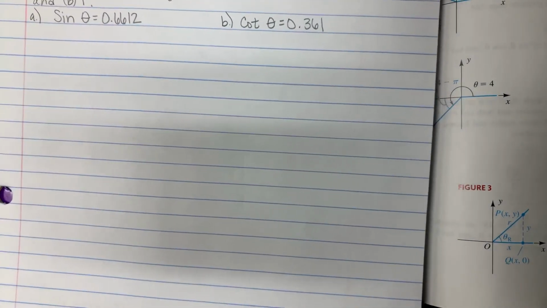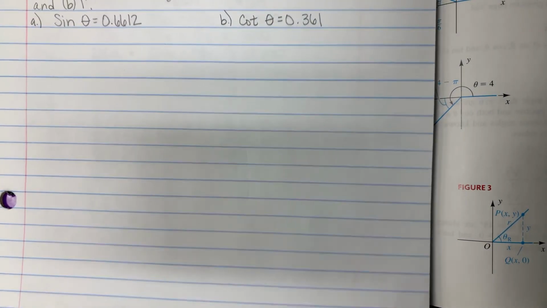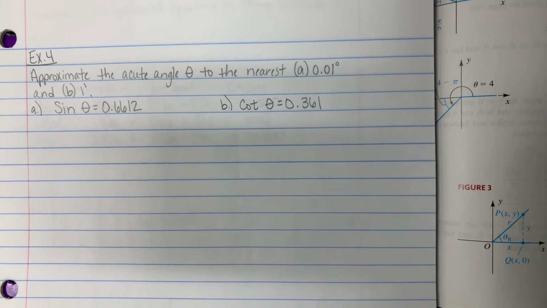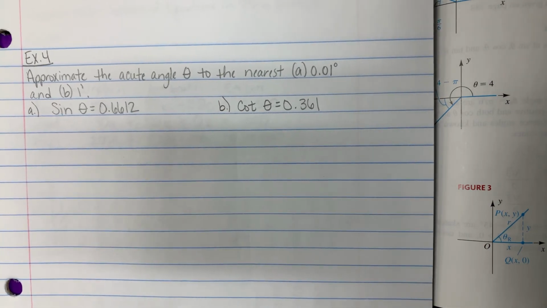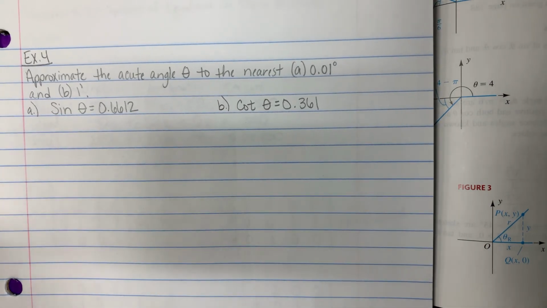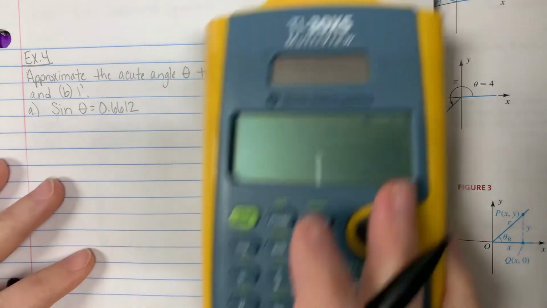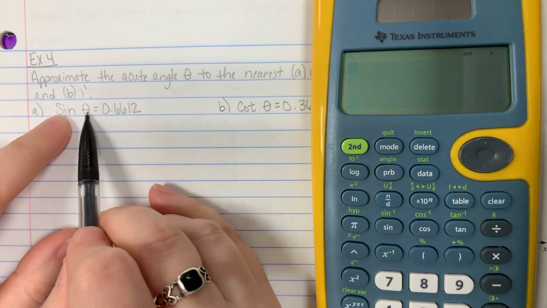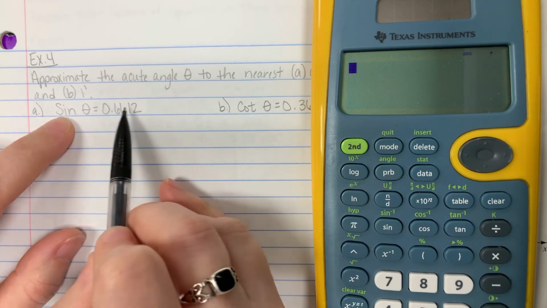Okay, the last set of problems that they ask you to do, they want us to approximate the acute angle to the nearest 0.01 degree and the nearest 1 minute. So again, this is going to take a lot of calculator work, and I'm going to point out what this actually means. So this is saying the sine of what angle is about this decimal.